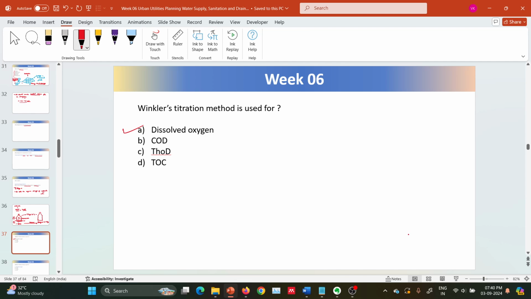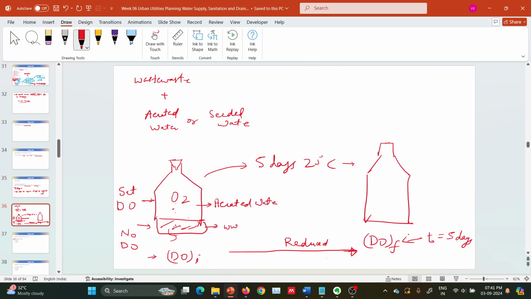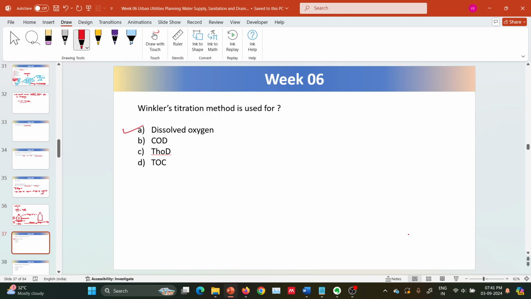Now we use the modified Winkler's test. The disadvantage of the BOD test is that it takes 5 days. If we need early results, we can go for the COD method.